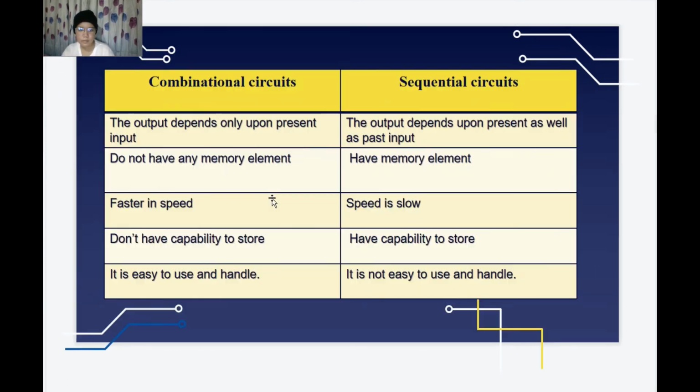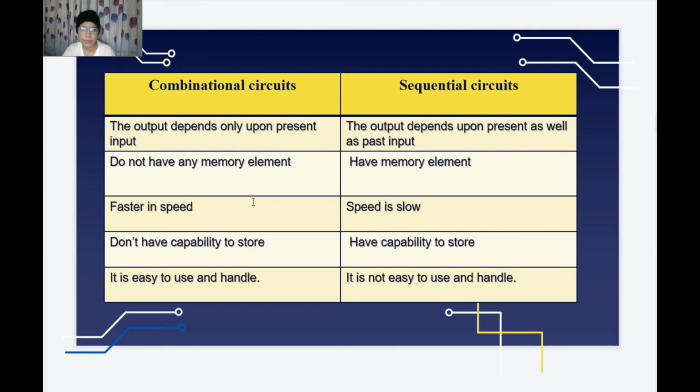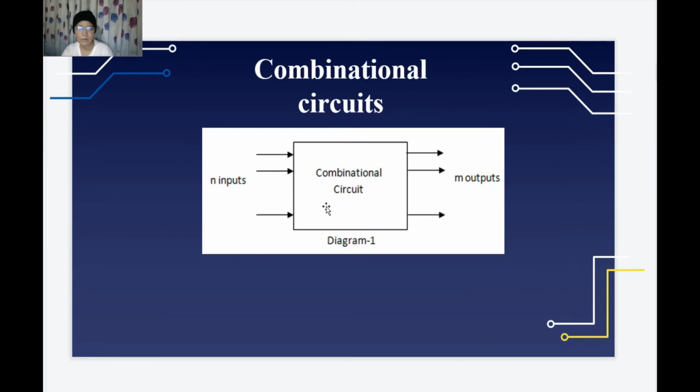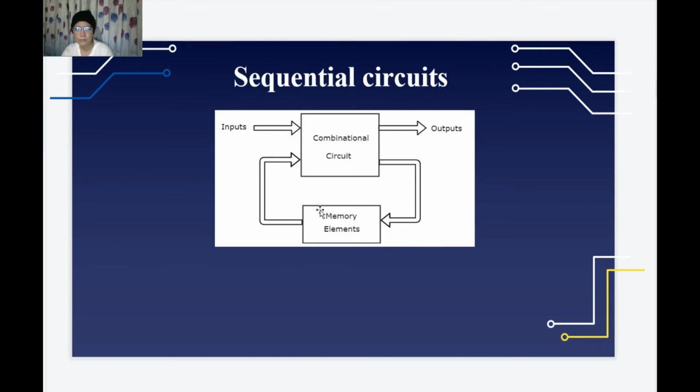Second, combinational does not have any memory element, while the sequential has the memory element. As you can see here, we don't have a memory element, while in sequential circuit we have a memory element which stores some data.